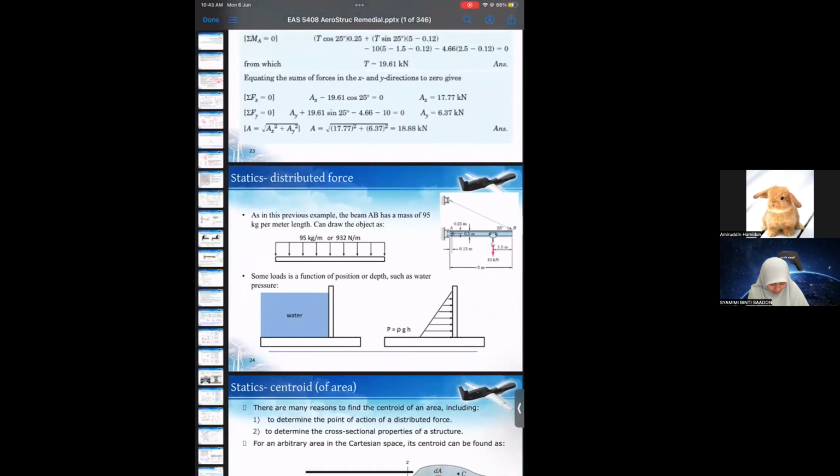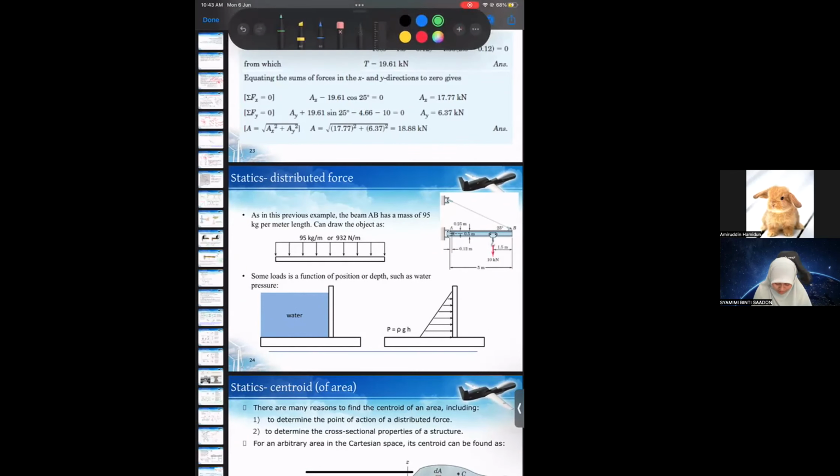Otherwise, there also exists force due to the position or depth. This is due to the pressure of the water. So how do we calculate the force acting in this situation?